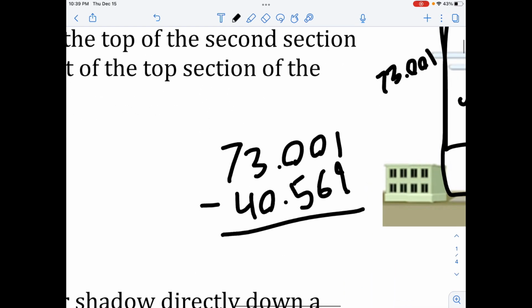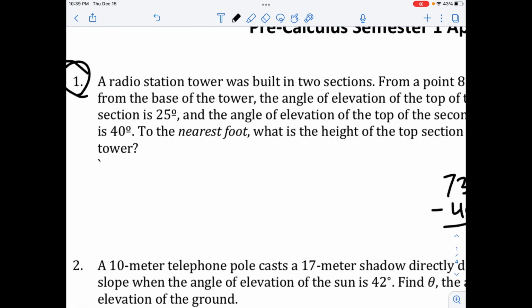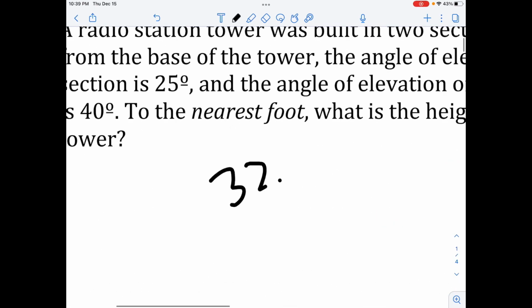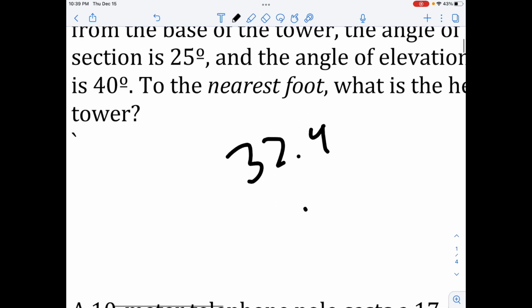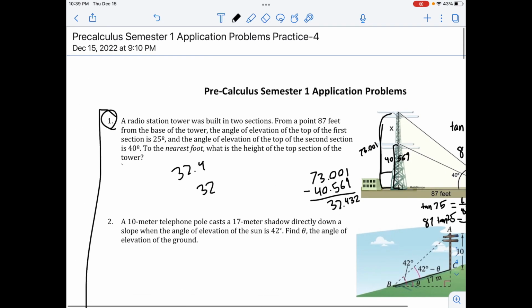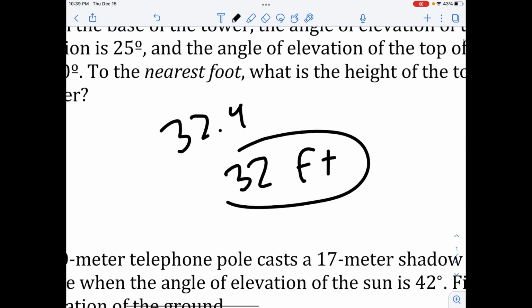Just put that in the calculator because why not? It's going to be 32.432. And that's to the nearest foot, so we'll go 32. 32 feet is our final answer for this problem.